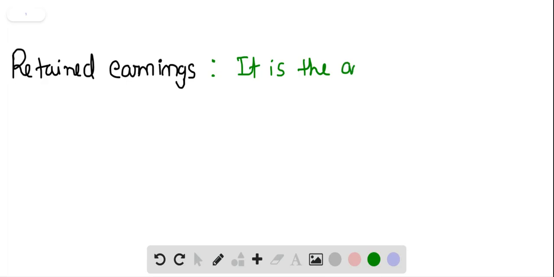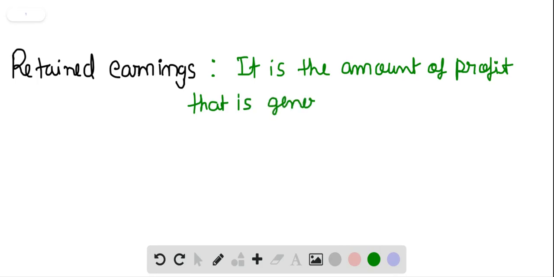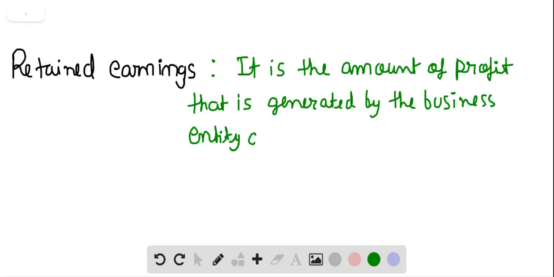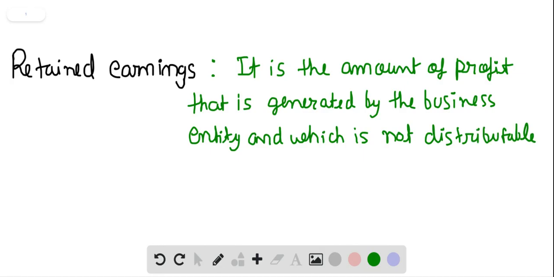So it is the amount of profit that is generated by the business entity and which is kept, or we can say which is not distributable among shareholders.